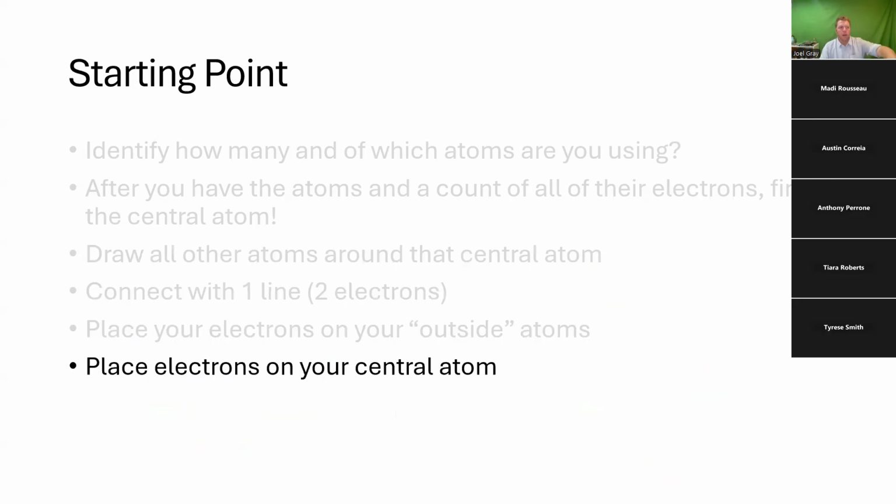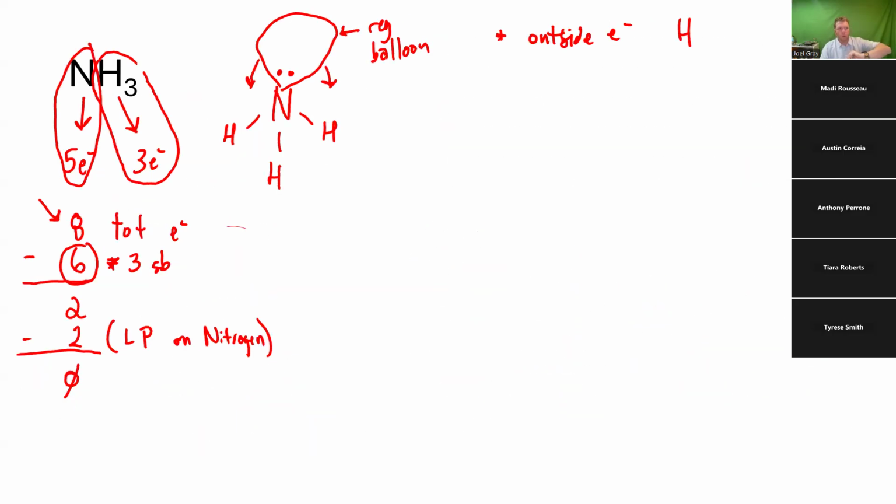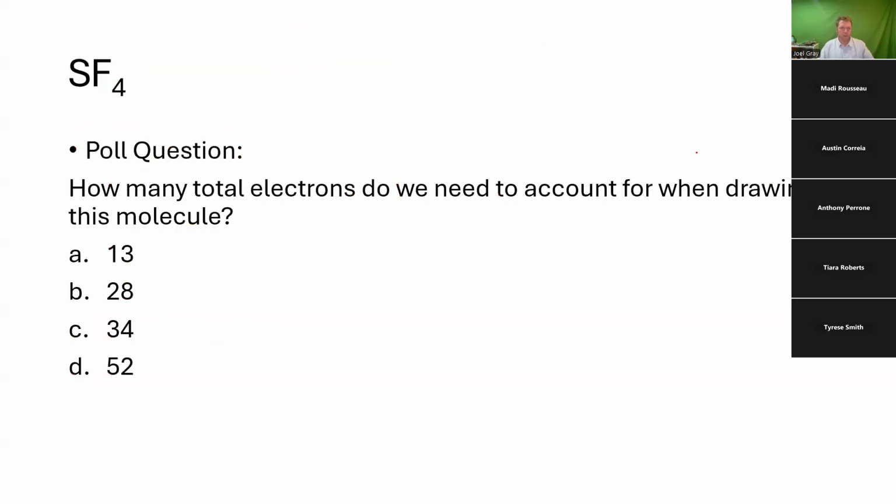Now we've got our first poll question, and I'm going to launch the poll. If somebody answers before they see the question, that means they probably already looked at the slide deck.